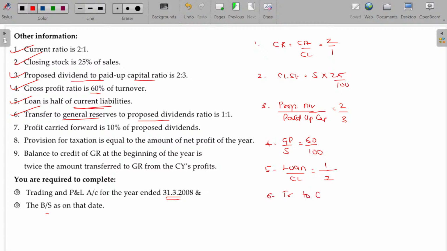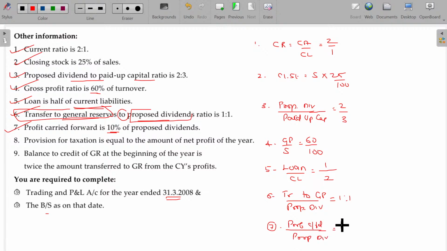Transfer to GR is the numerator, denominator being proposed dividend, being 1:1. Seventh one, profit carried forward is 10% of proposed dividend. Profit carried forward divided by proposed dividend, 10/100.